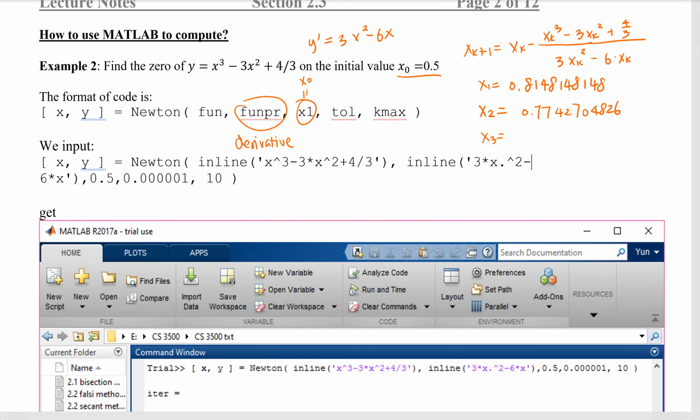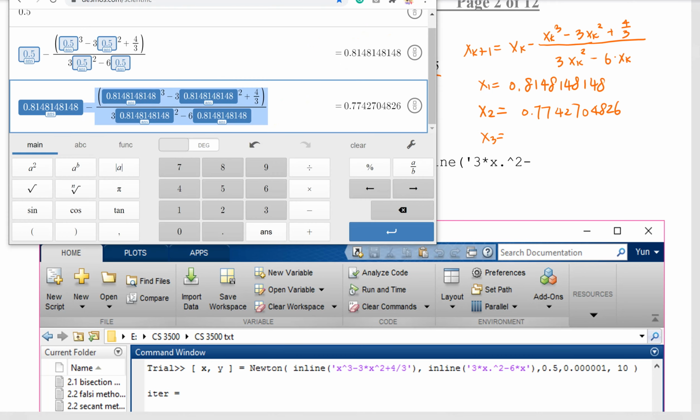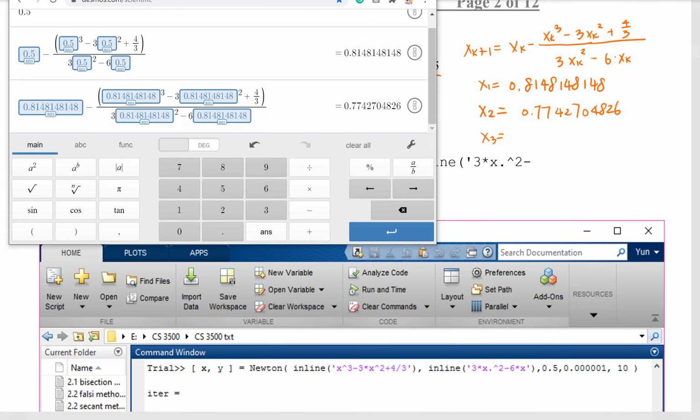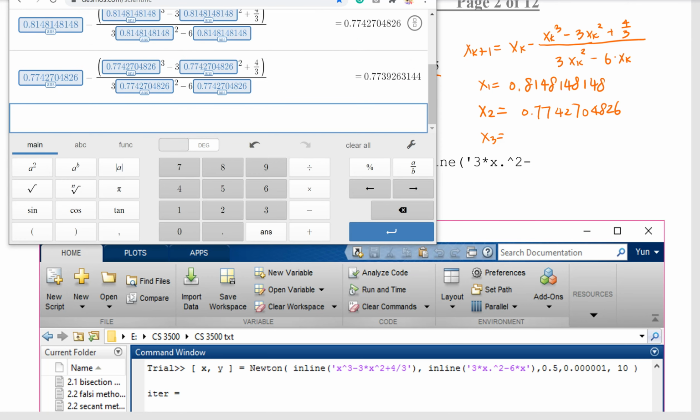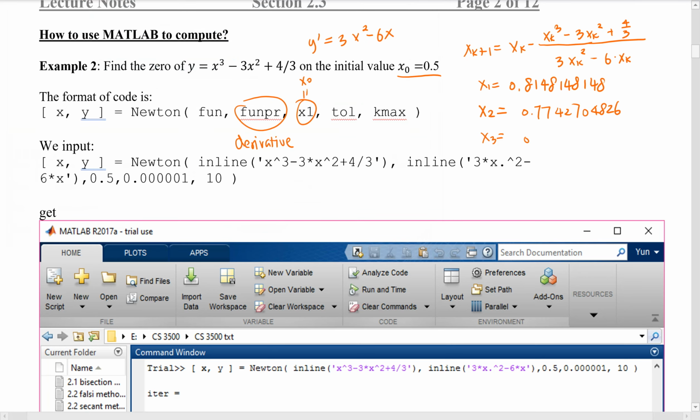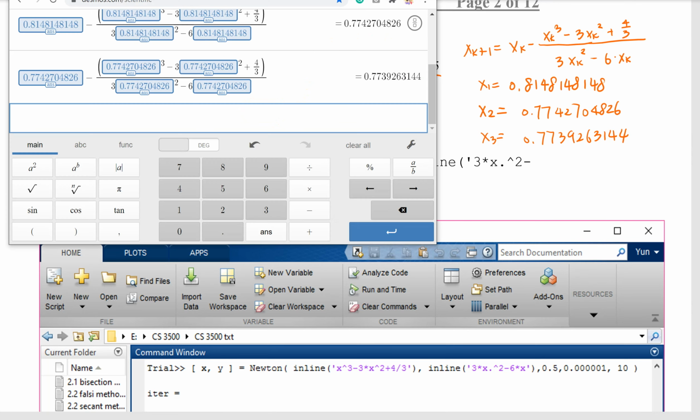So we just keep going. We get 0.773926344, and then 39263144. Do I remember it right? Yep. Okay, so continue.